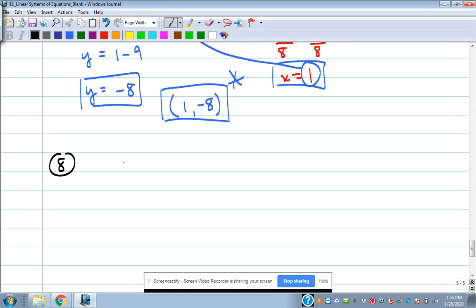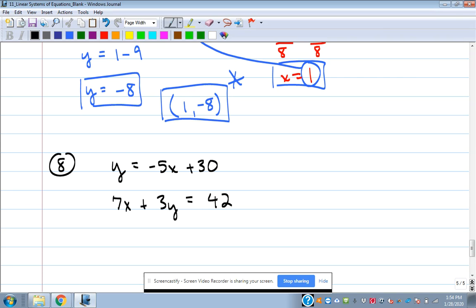Look at number 8. y equals negative 5x plus 30, and then 7x plus 3y equals 42. All right, so using substitution, we want to substitute or get one equation with one variable by itself.